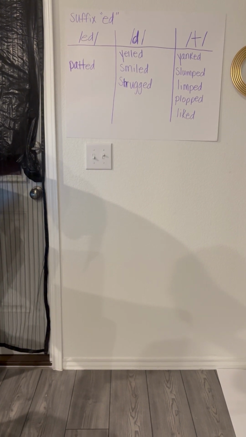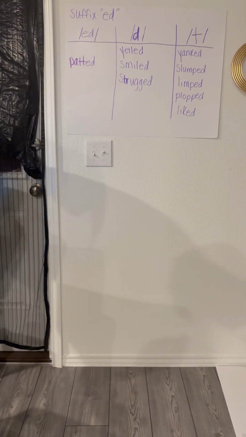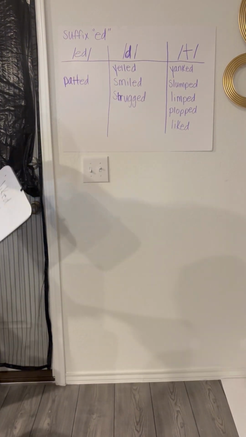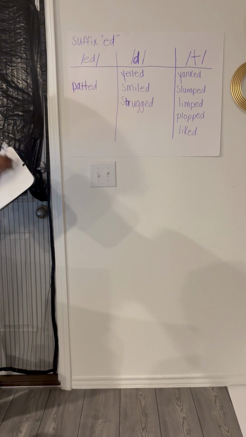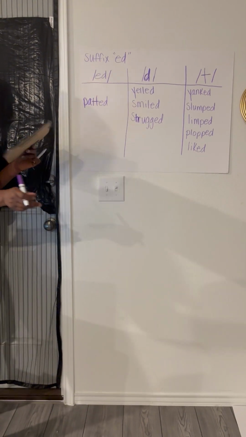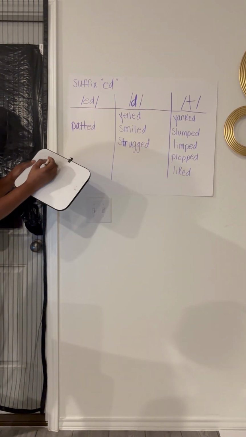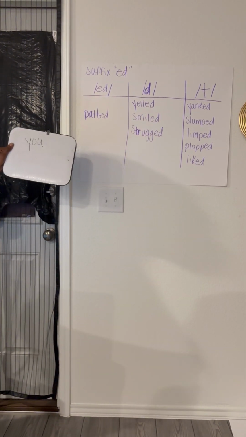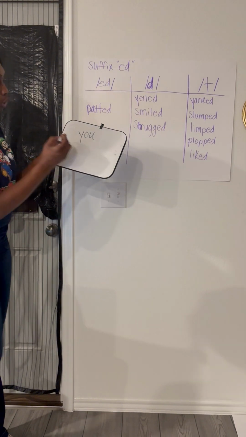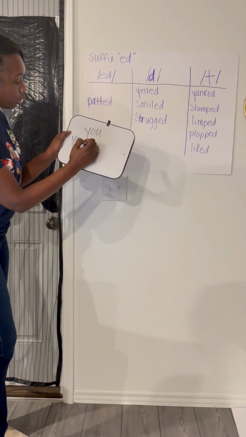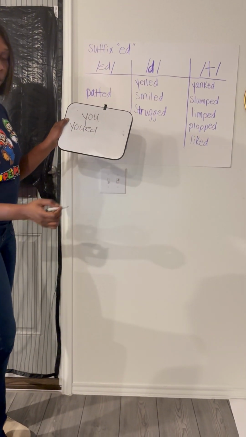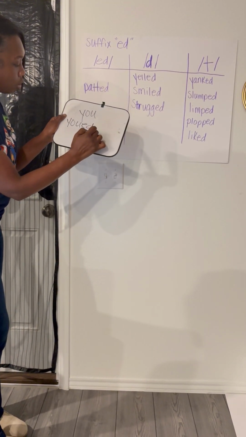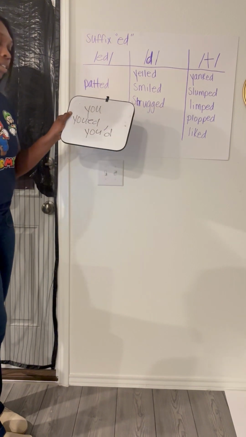We have a tricky word, and our tricky word is the word you. Can you say it with me? You. I'll write U on my board. Why do you think U is tricky? Can we write U-d? No. Or you'd?